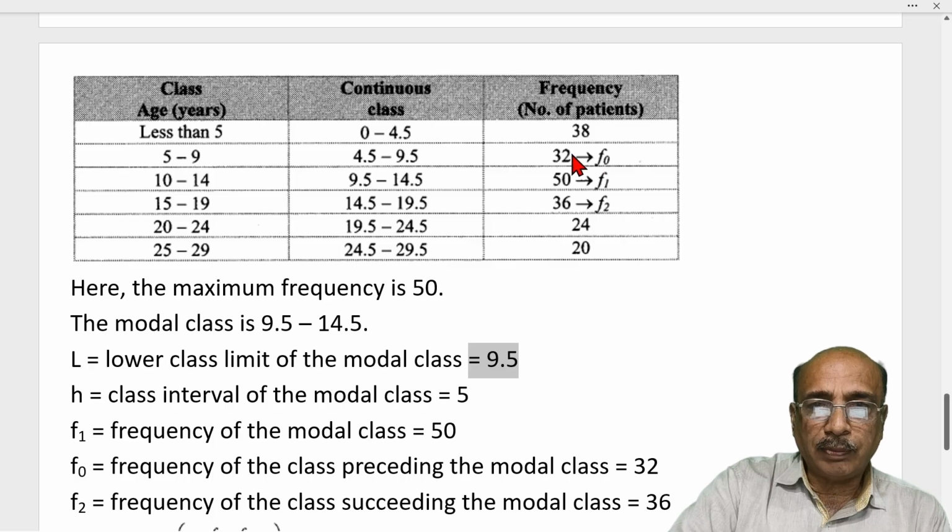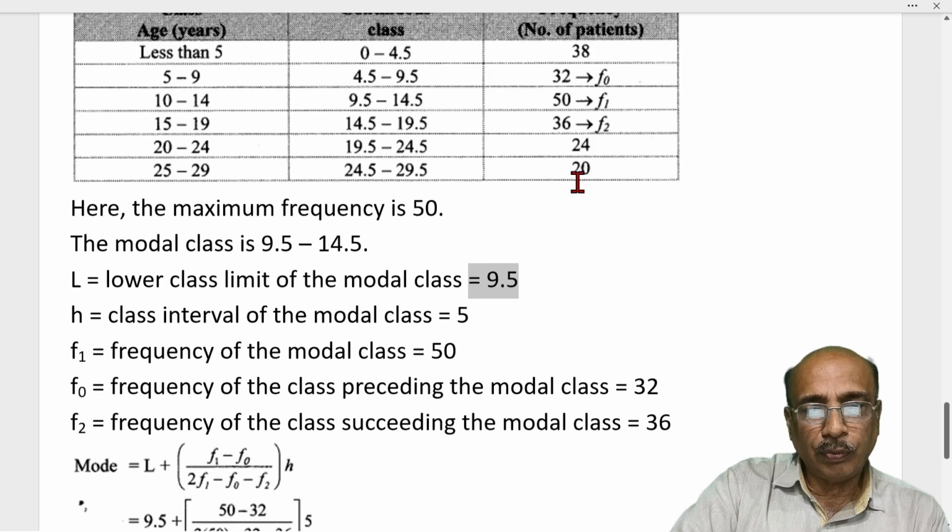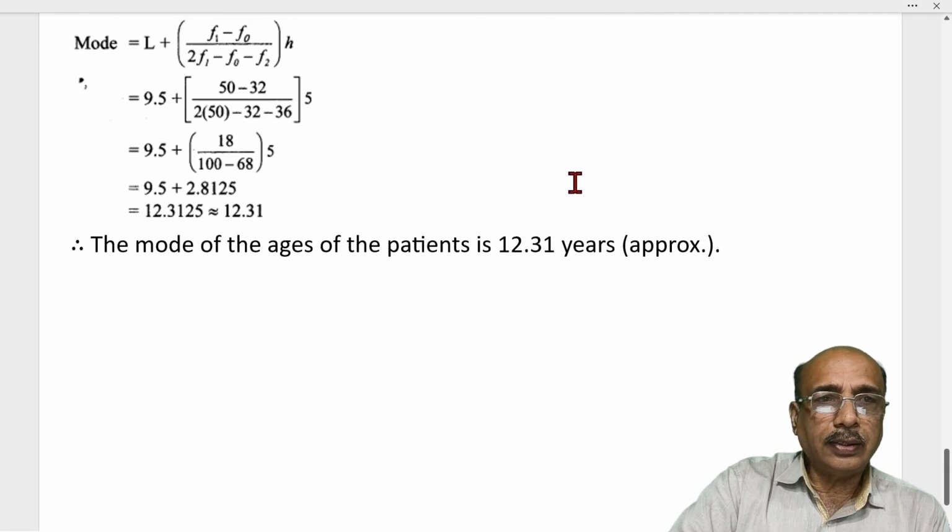F0, the previous class frequency, is 32, the succeeding class frequency F2 is 36, and F1 of the modal class is 50. Again in the same formula, mode equals L plus F1 minus F0 upon twice F1 minus F0 minus F2, into H. Substitute the values and calculate.